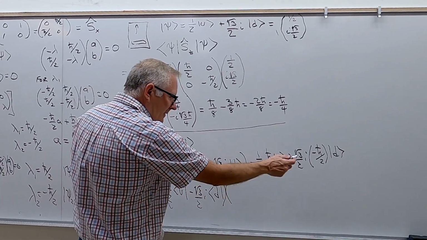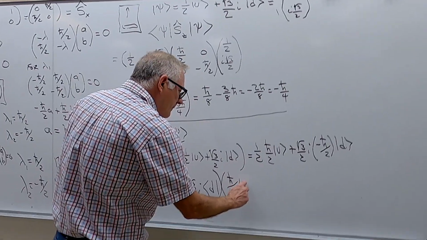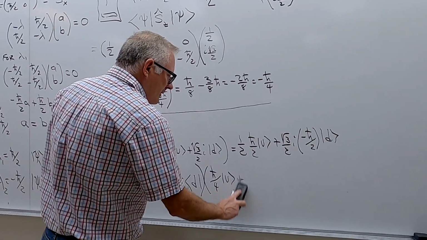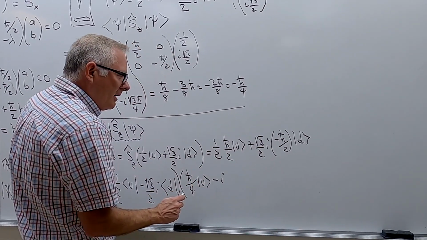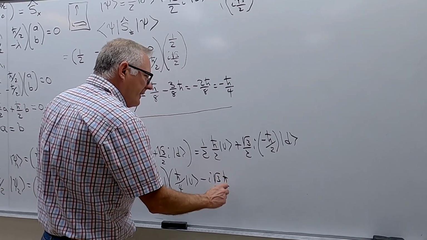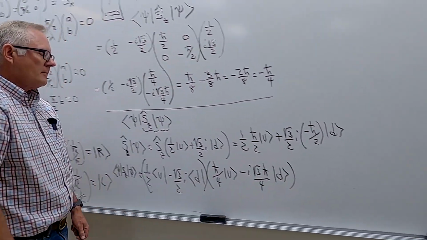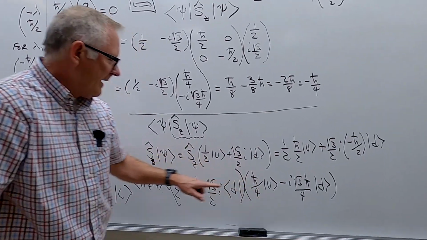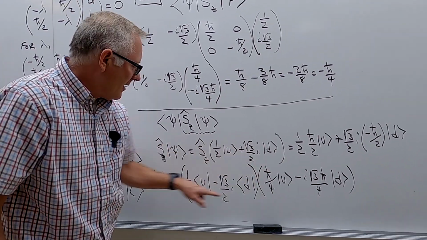We got h bar over 4 up plus, no, actually it's minus i square root of 3 h bar over 4 down. Okay. Now it's easy for me to dot these two because when I multiply these two together, I get up up, which is just 1, so I just get h bar over 8.